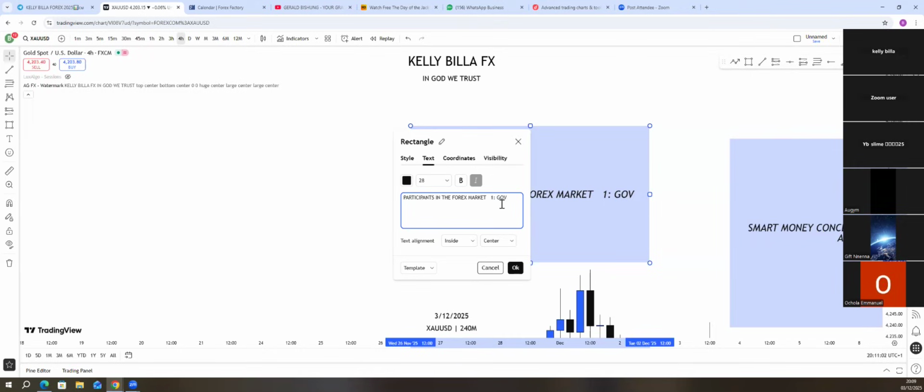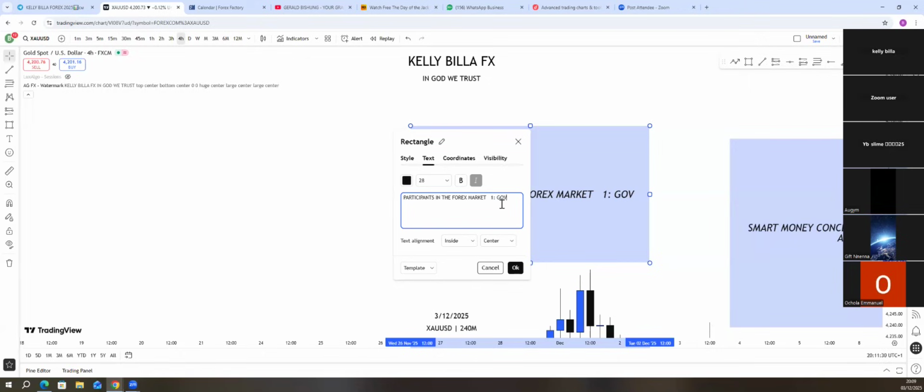If you're trading EUR/USD, it means you're trading the Euro from the Eurozone in Europe plus the US dollar from America, from the United States. So what does it mean? You are trading these two currencies. So who is the number one player? The government of the United States and the government in the European Union. So the government is the first person.